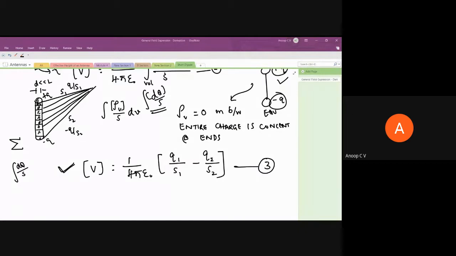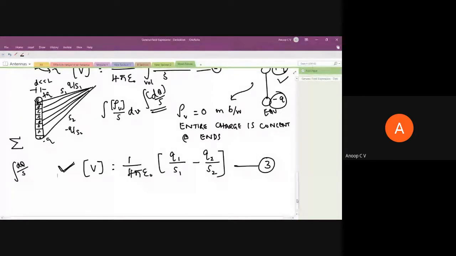Current will not be a function of distance z. And we can assume an equivalent dipole with plus q and minus q separated by a distance. So the potential is simply a superposition. Maybe I'll put it in a slightly different way.